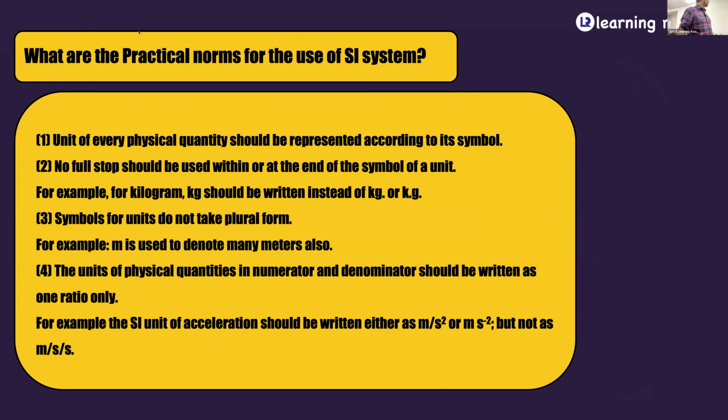But before that, I need to give you the practical norms that we need to keep in our mind for writing the SI units. So you can write down this heading.